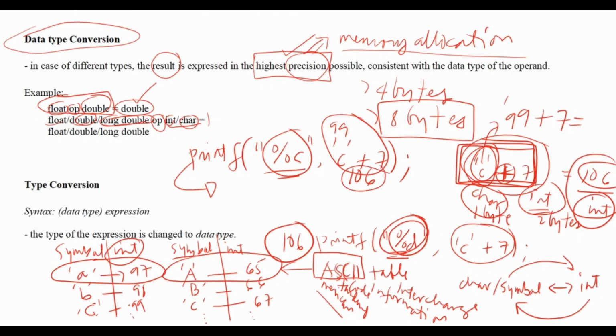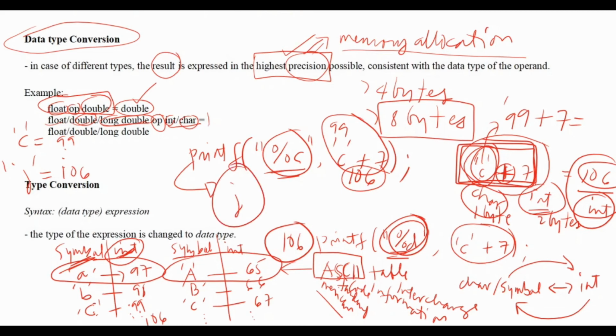And what is that symbol whose integer value is 106? C is 99. If C is 99, what is the symbol corresponding to integer 106? It would be small letter j, right? So the output here would be small letter j.